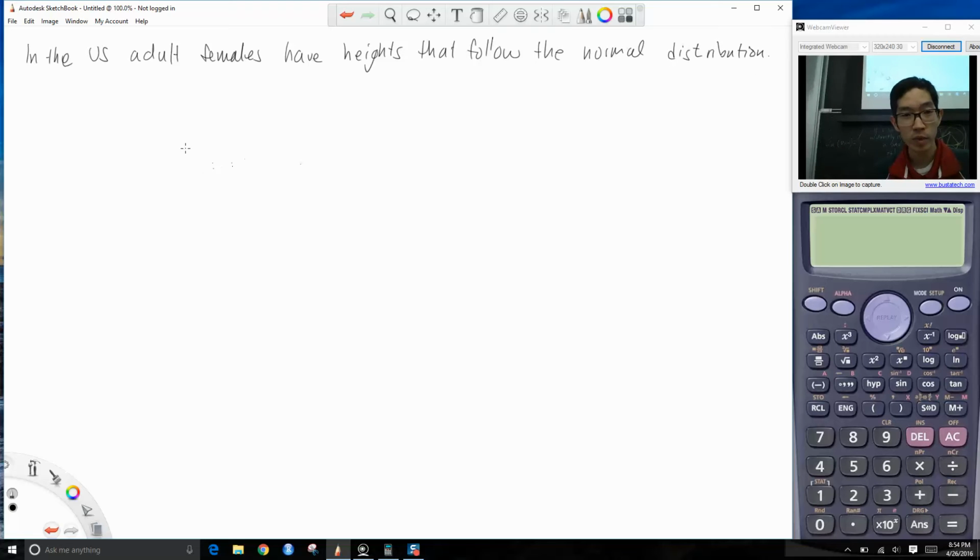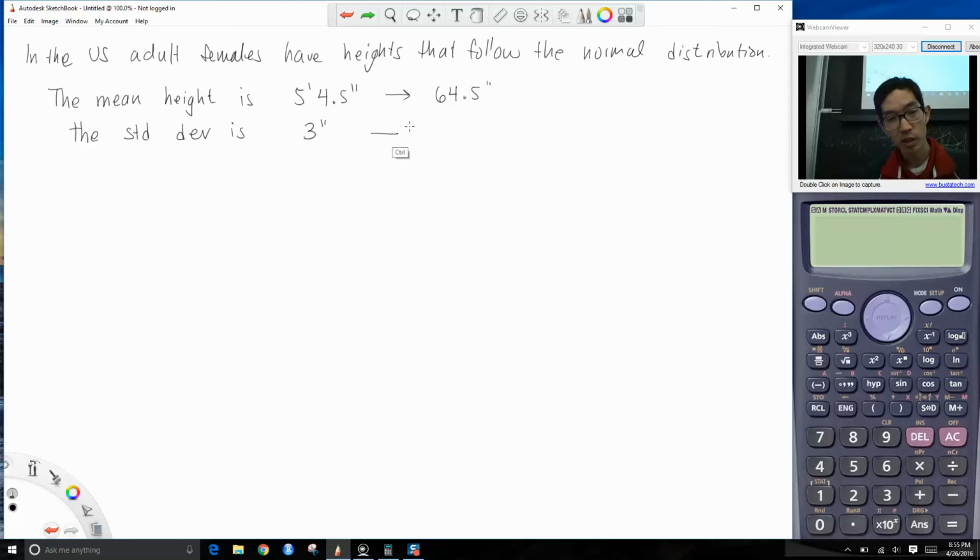Okay, and we will say the mean height is, we'll say, 5 foot 4.5 inches. Okay, and that corresponds to 64.5 inches. We'll say that's the average height of all adult women in the US. These are just approximate numbers, okay? And then we'll say the standard deviation is 3 inches. Okay, and again, this is approximate.